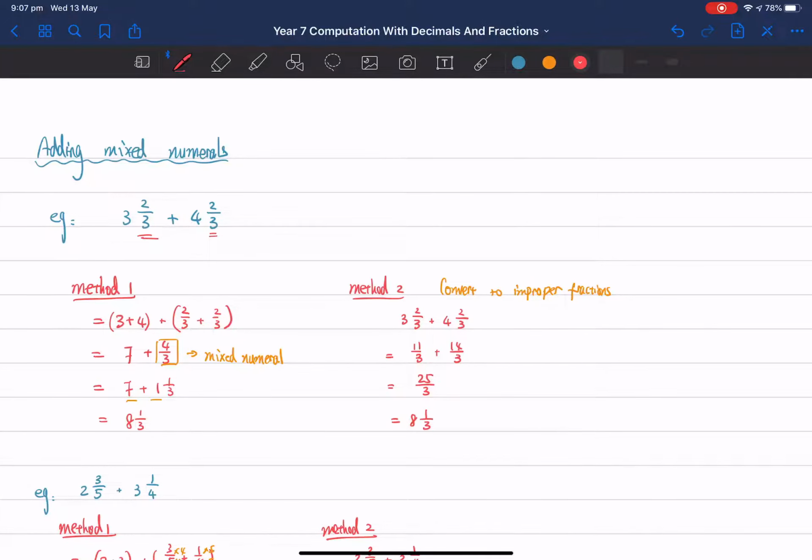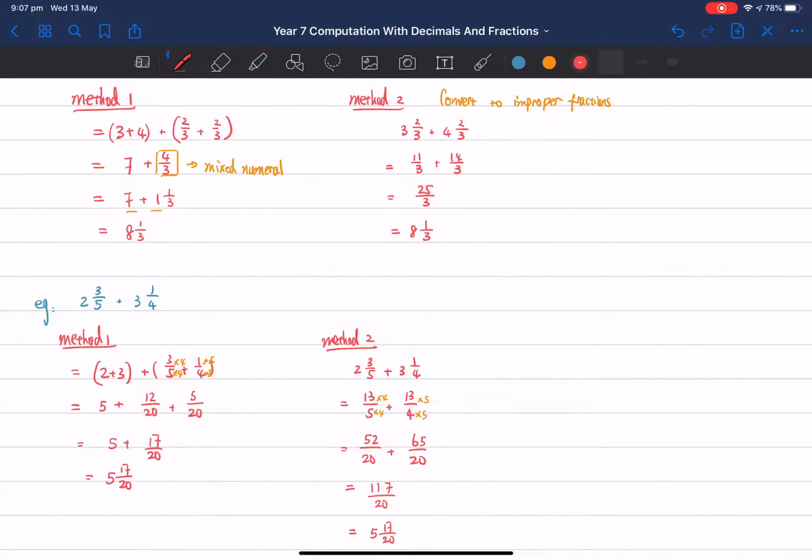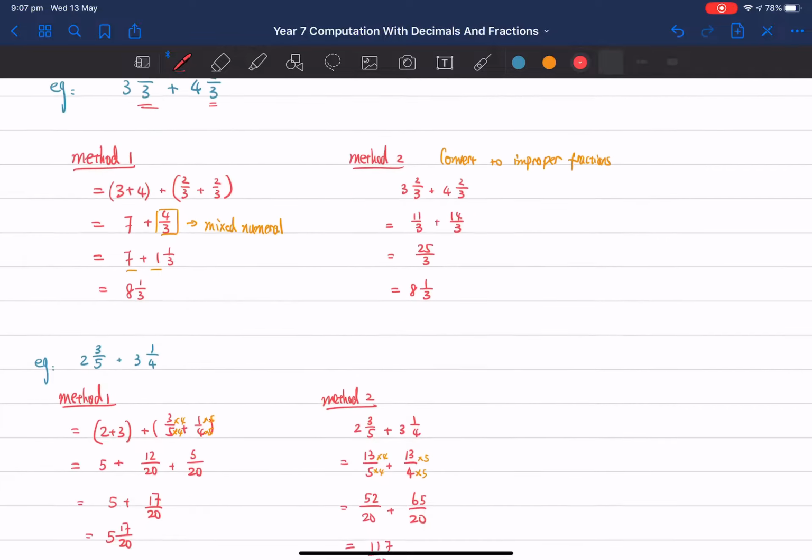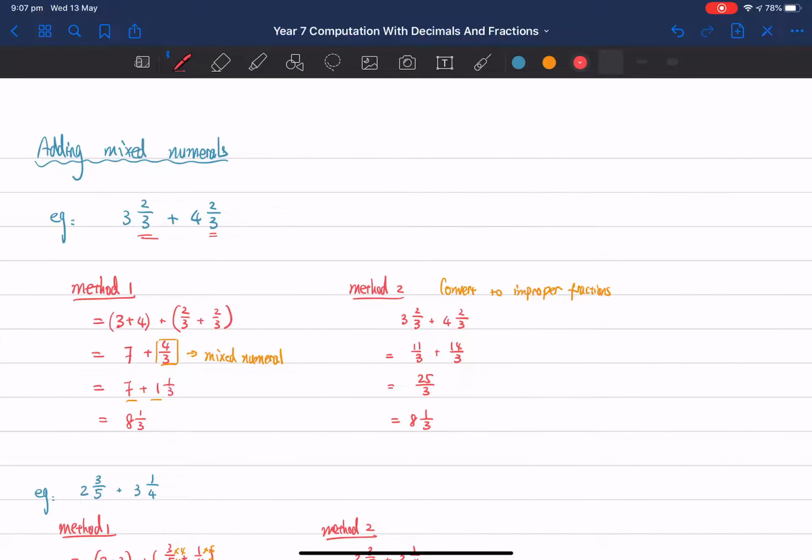All right, now with subtraction, let me tell you, it's exactly the same, all right? There is no difference. You just have to be careful with subtraction because sometimes with mixed numerals with subtraction, you do need to borrow a number from the number in the front to minus it, all right? So in that case, with a subtraction question, I actually prefer everyone using the second method where you convert that into an improper fraction and you subtract.